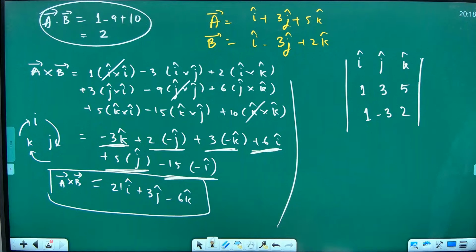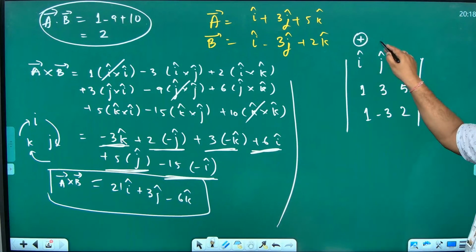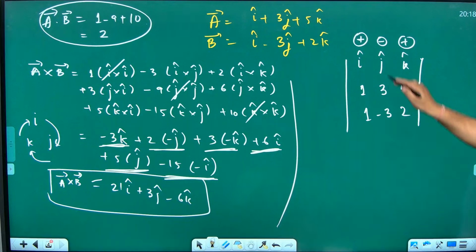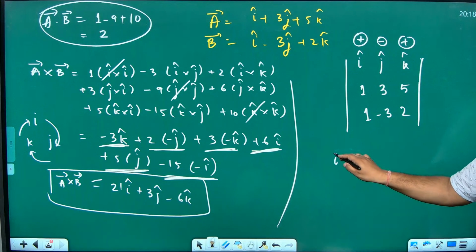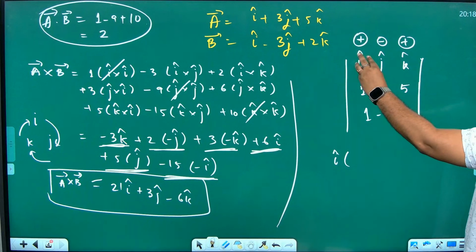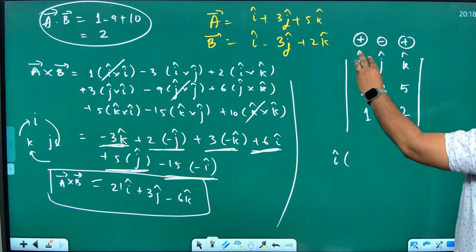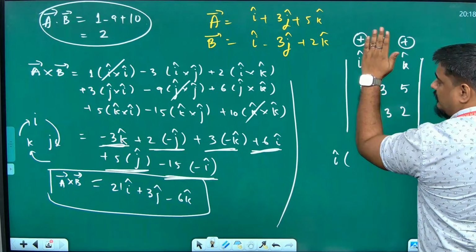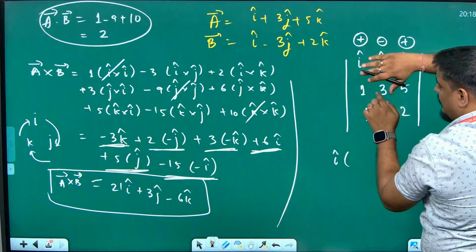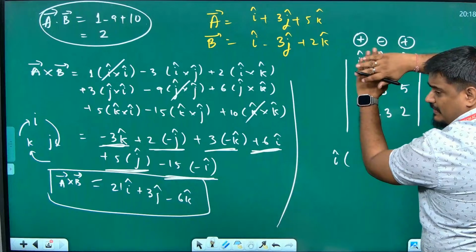Now what I am going to do? First, remember this line positive, this is negative, this is positive. So positive, negative, it will go like that only. So I is positive, so I will write I cap in bracket. Whenever you are writing a particular, if you are writing I cap, you should hide its column and its row. What remains? 3, 5, minus 3, 2. Am I right?